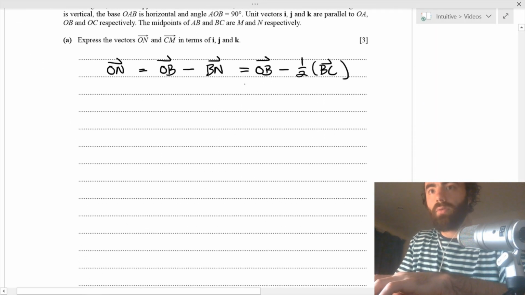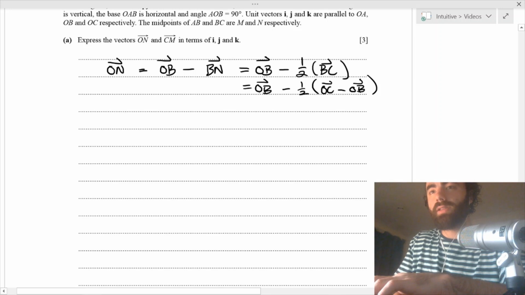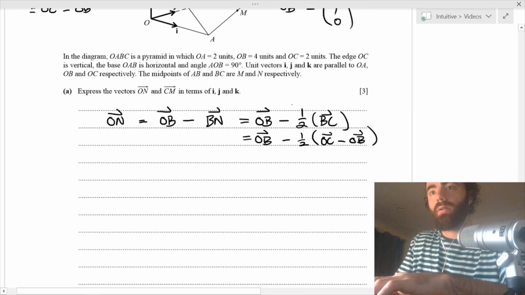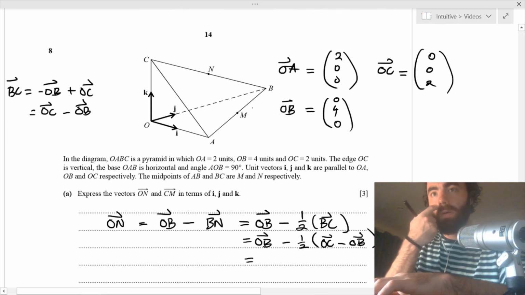So we can rewrite this as OB minus a half of OC minus OB. So we've got 1 OB minus half OC and then minus a half OB.